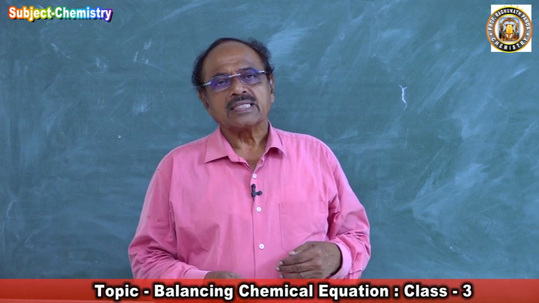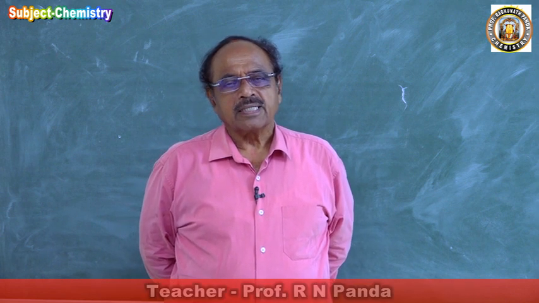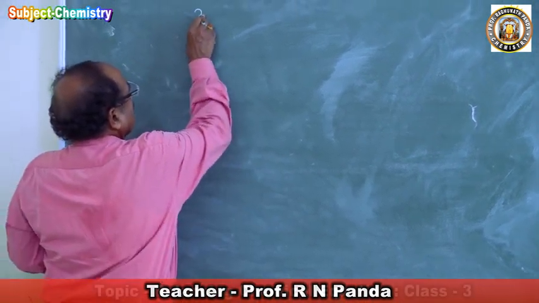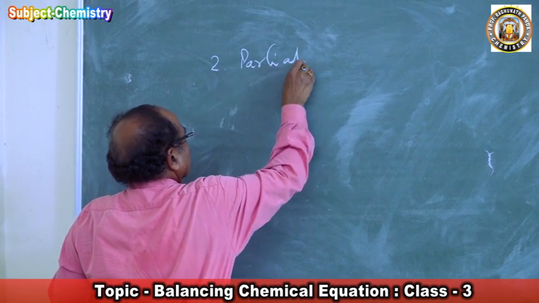Now let's come to the second method, the partial equation method. We will discuss the methods one by one, and at the end we will again do equations by the different methods.